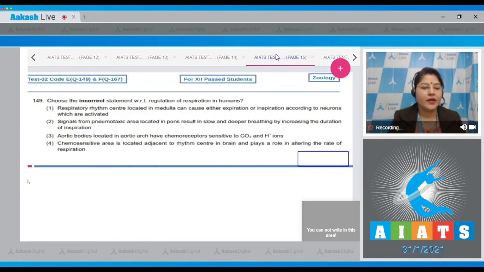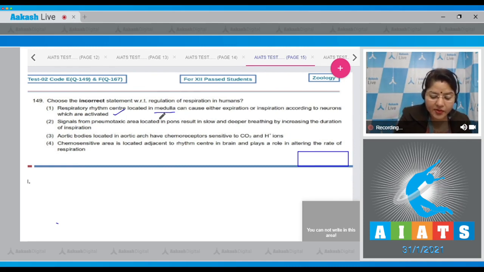Question number 149. Choose the incorrect statement with respect to regulation of respiration in humans, and the options given are: first option, respiratory rhythm center located in medulla can cause either expiration or inspiration according to neurons which are activated. This is the correct statement.